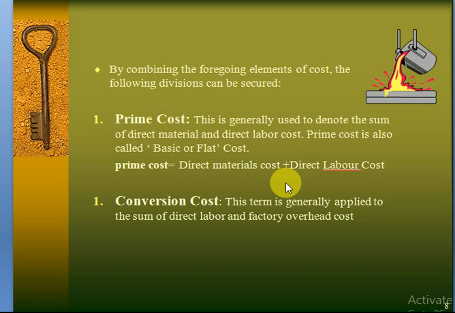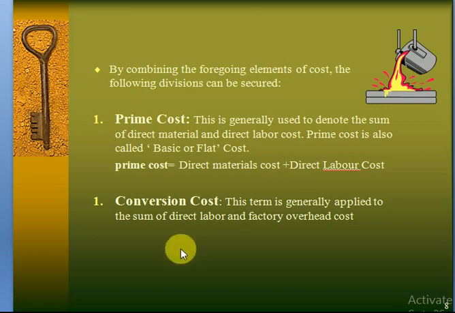So the material cost and the direct labor cost, combined, this is called prime cost. The formula for the calculation of the prime cost is direct materials cost plus direct labor cost.